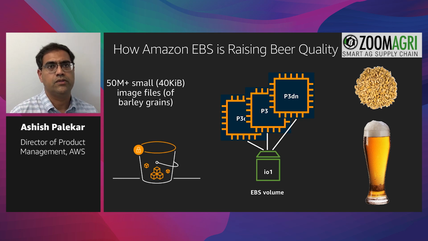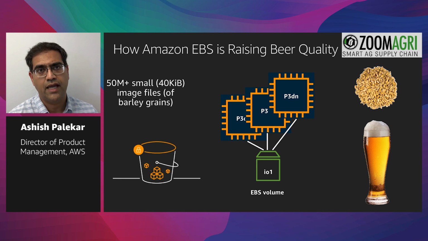And prior to multi-attach, what they would be doing is taking these 50 million plus small files, think 40 kilobytes of image files of barley grains, and putting them on a P3DN node. As you can imagine, this would take time in terms of copying it to n number of nodes, and cost, because you're scaling those individual number of nodes.